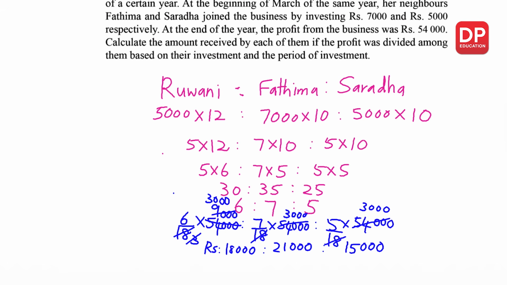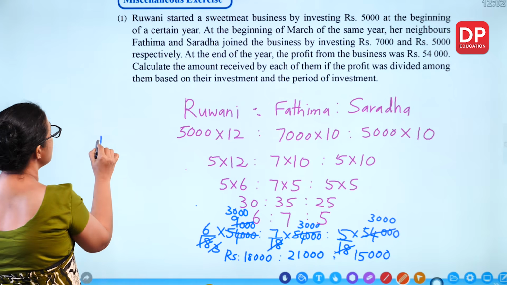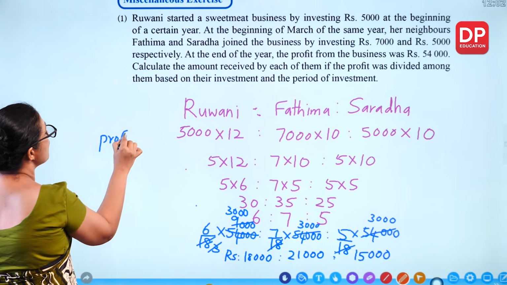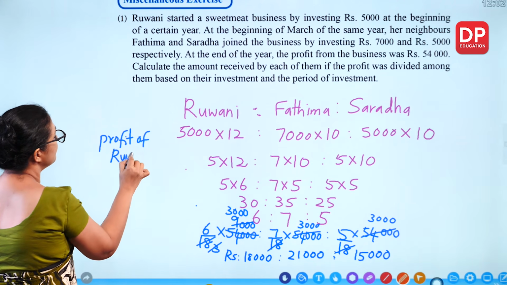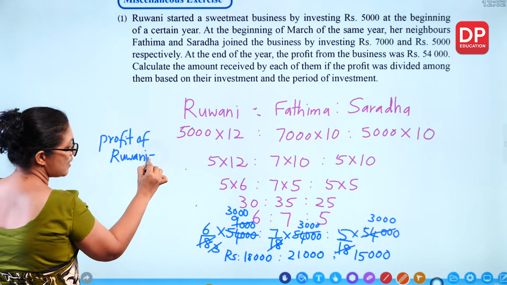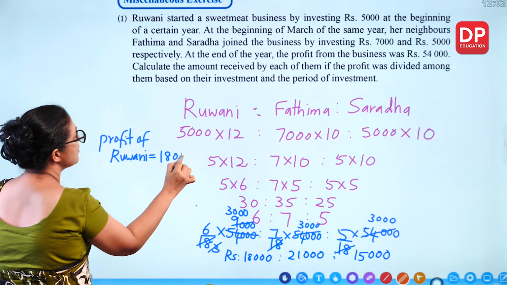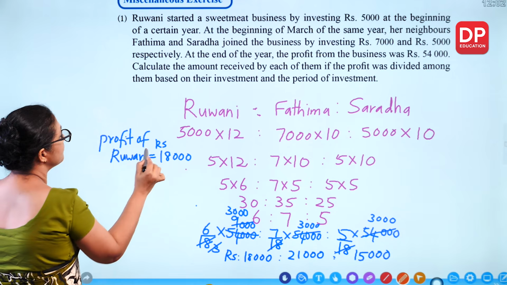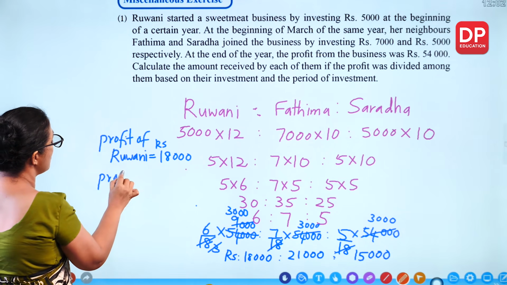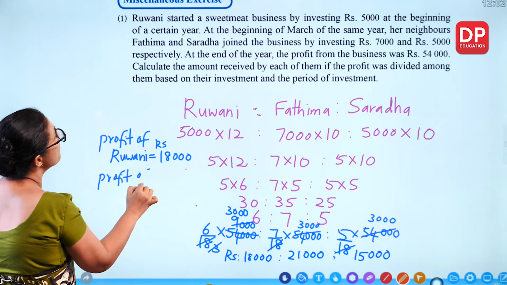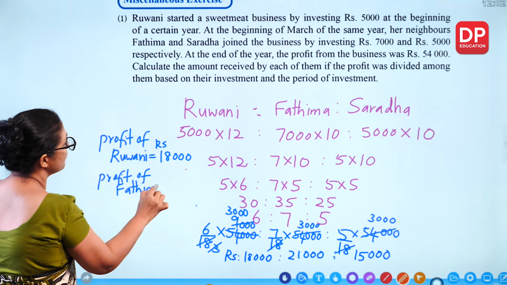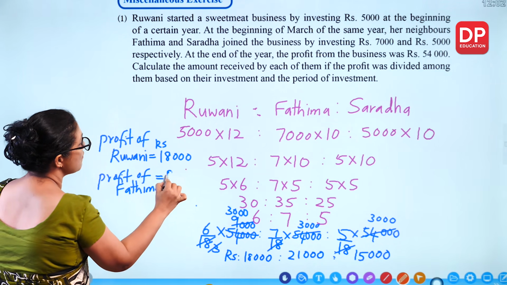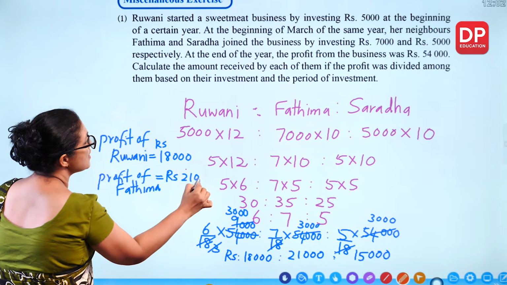So what's the profit that Ruwani received? Profit of Ruwani, that's 18,000 rupees. Profit of Fatima, that's 21,000 rupees.